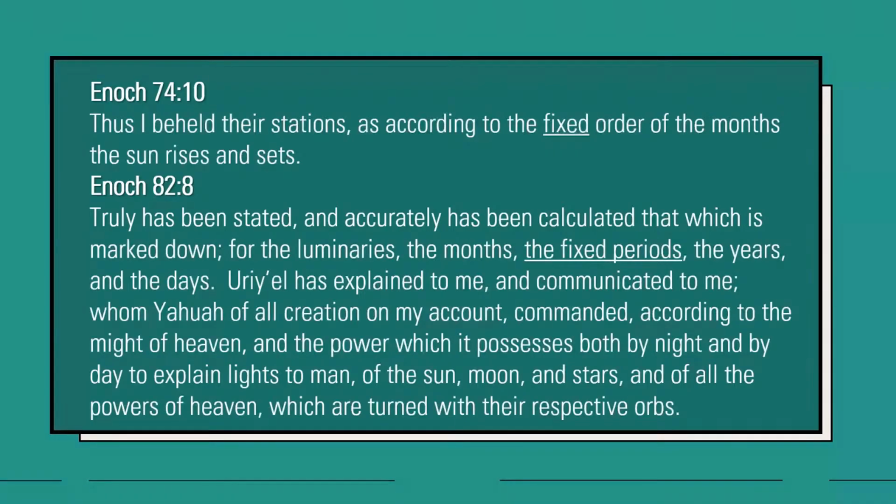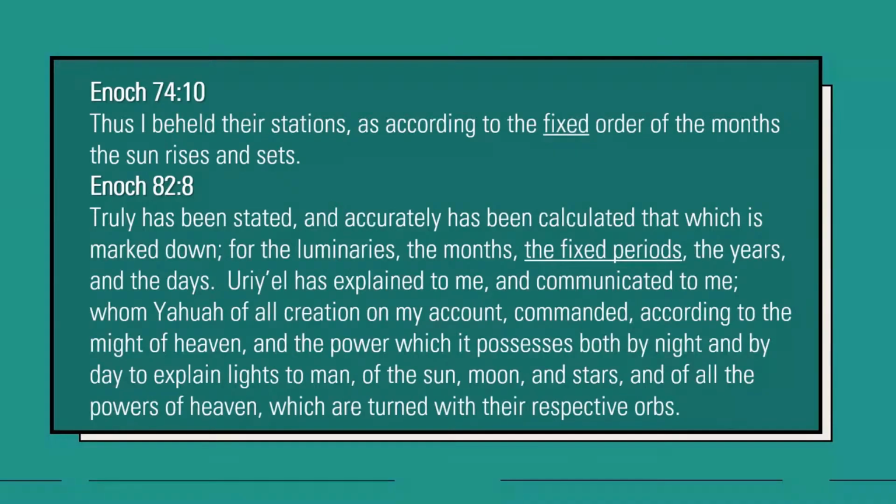See what he says in Enoch 82:8. Truly has been stated and accurately has been calculated that which is marked down. So he's saying it's accurate, okay? For the luminaries, the months, the fixed periods, the years, and the days.